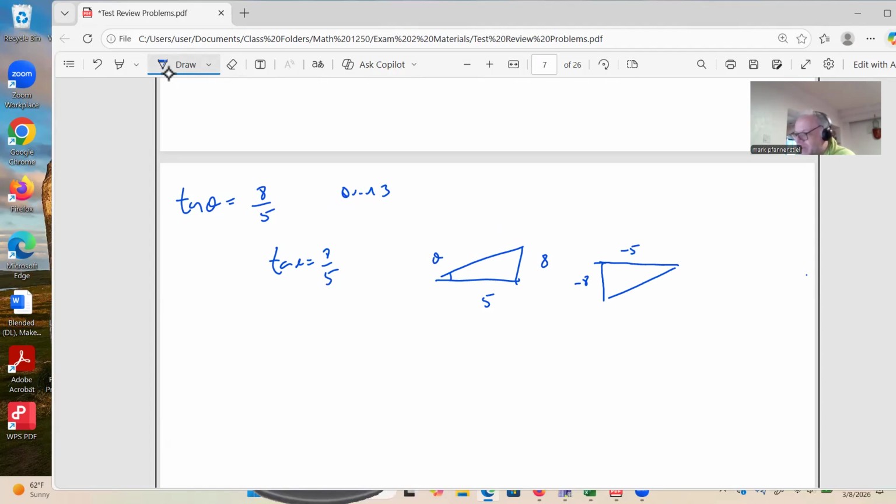Then we have to figure out the hypotenuse: a squared plus b squared is equal to c squared. So 5 squared plus 8 squared is equal to c squared, which is 25 plus 64 equals c squared.